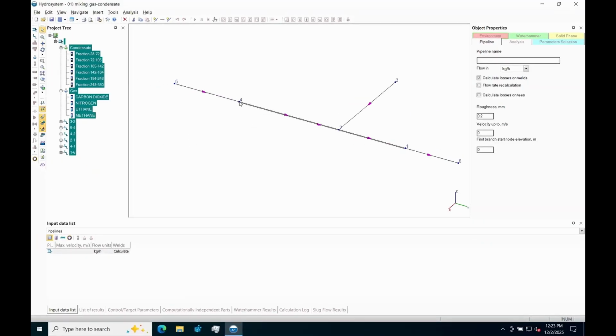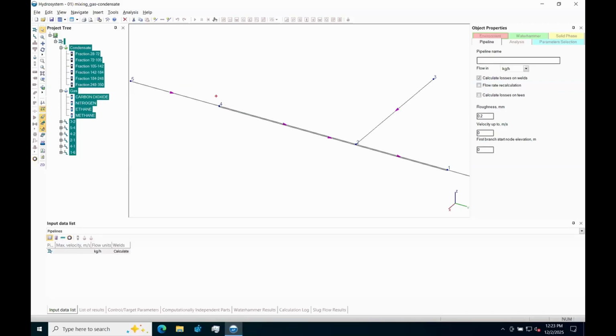And we have a quite simple piping system. Here we have inlet number 1, inlet number 2. Then this flow is dividing in two parts and goes two different ways. Here, part number 1 comes to node number 2, mixing with this flow, and then goes to node number 1.